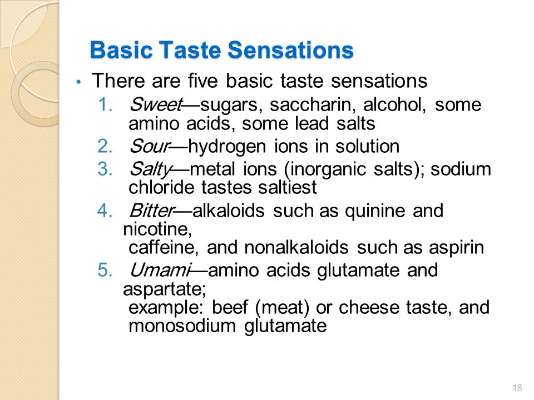Sour means hydrogen ions in solution, while salty means metal ions. Bitter means alkaloids such as quinine, nicotine, and caffeine. Umami includes the amino acids glutamate and aspartate, for example in meat.